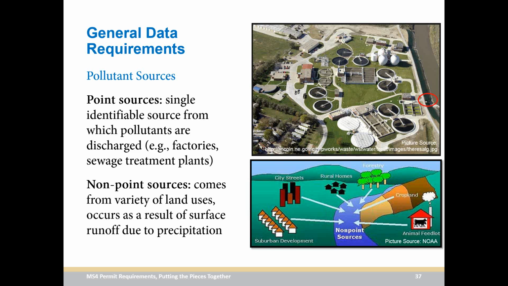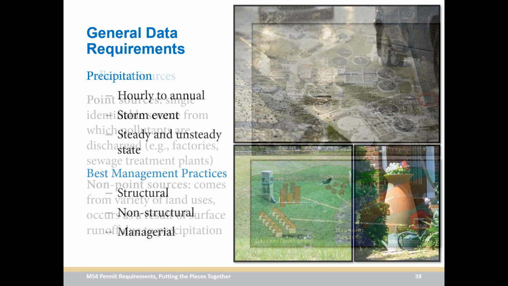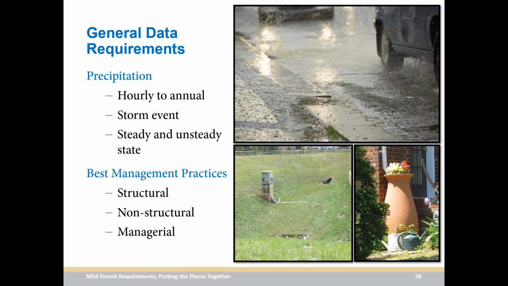And your non-point sources can include varied sources such as urban runoff, agricultural runoff, or runoff from livestock areas. Again, depending on the capability of your model, your precipitation data can be input in different formats ranging from annual data to one single event.